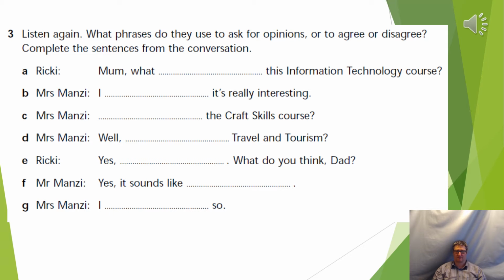You speak Italian, so that will help. What does it say? You will organize trips and tours. You can take a qualification in another language, and well, there might be a college trip to Europe. Yeah, I like that. What do you think, Dad? Yes, it sounds like a good idea. I'm going to do the accountancy course. Your mom can do childcare. I don't think so. I know all about childcare. We have 3 children. I'm doing information technology.